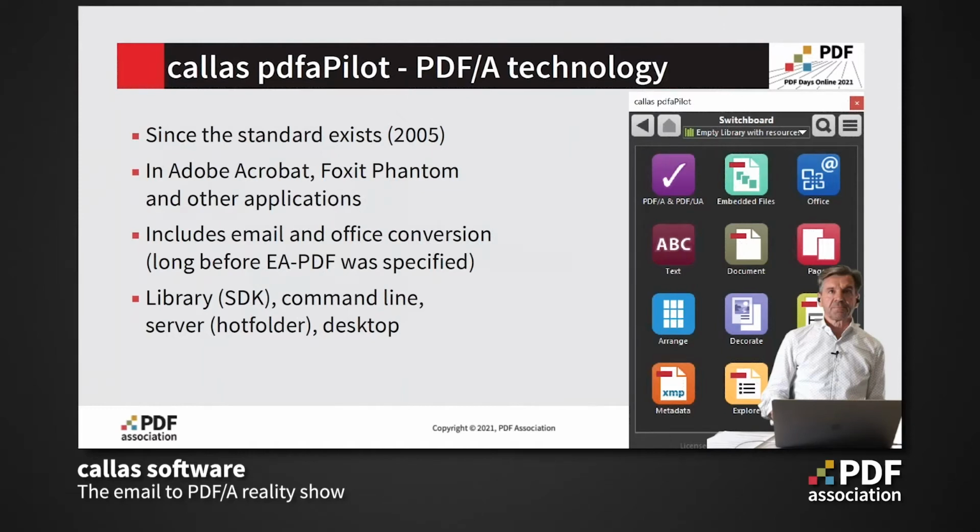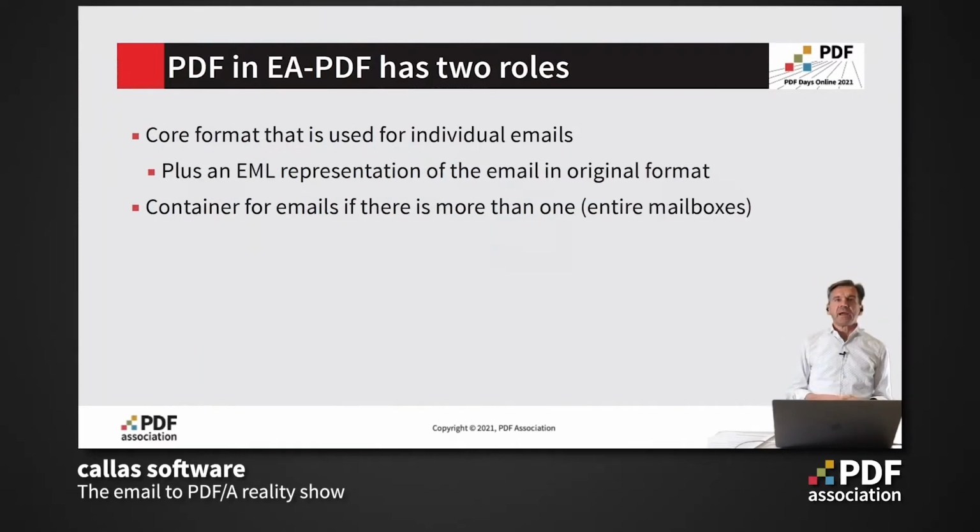The EA-PDF specification uses PDF in 2 different ways. One is as a core format for individual emails. And then the EA-PDF specification says, in addition to the PDF file itself, also archive an EML representation of the original email.